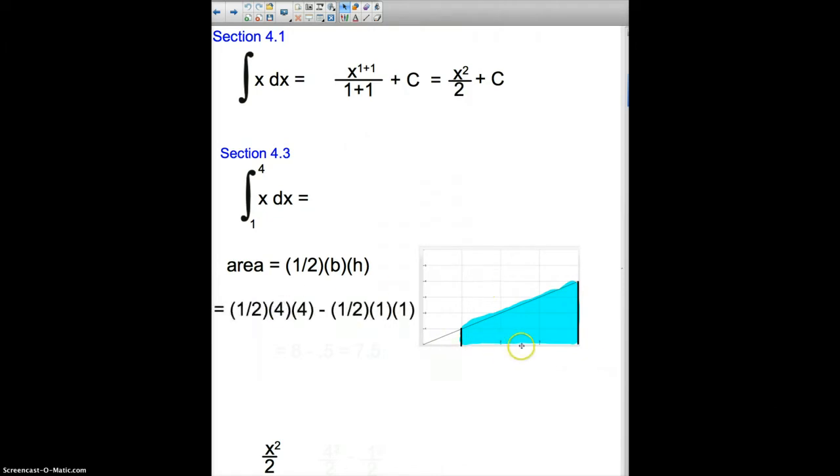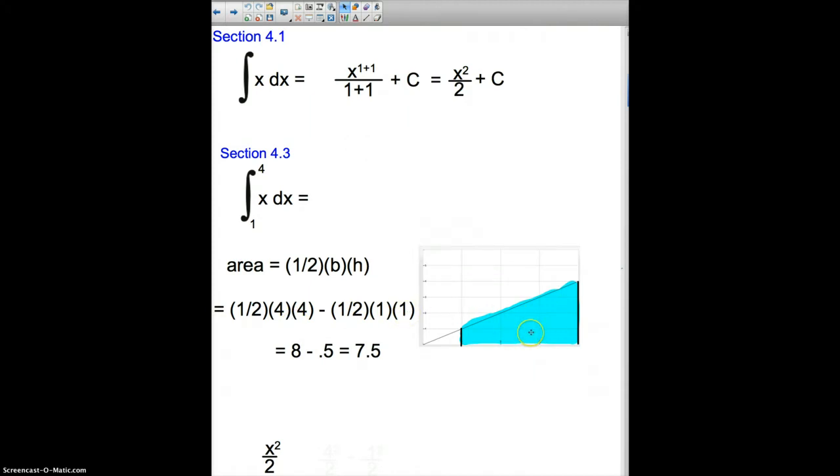It's 1/2 the base, which is 4, times the height, which is 4. And then subtract the area of the little triangle. 1/2 times the base is 1 and the height's 1. So that area would be 8. 1/2 times 4 times 4 is 8 minus 1/2, and that's 7.5. So that's the area of this.